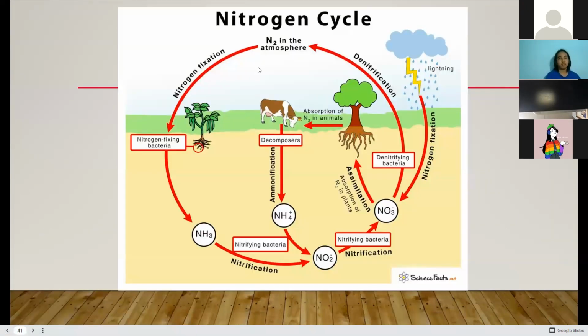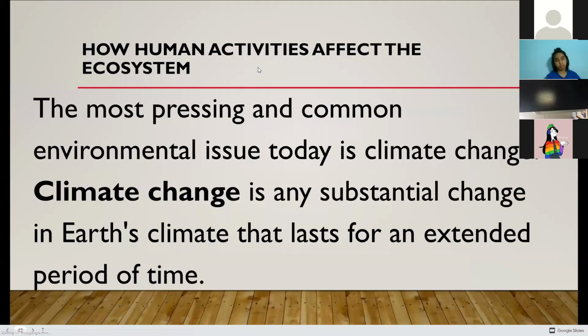Because of limited resources and because of the activities of humankind, this cycle has been disturbed by humans or human activities. How human activities affect the ecosystem.